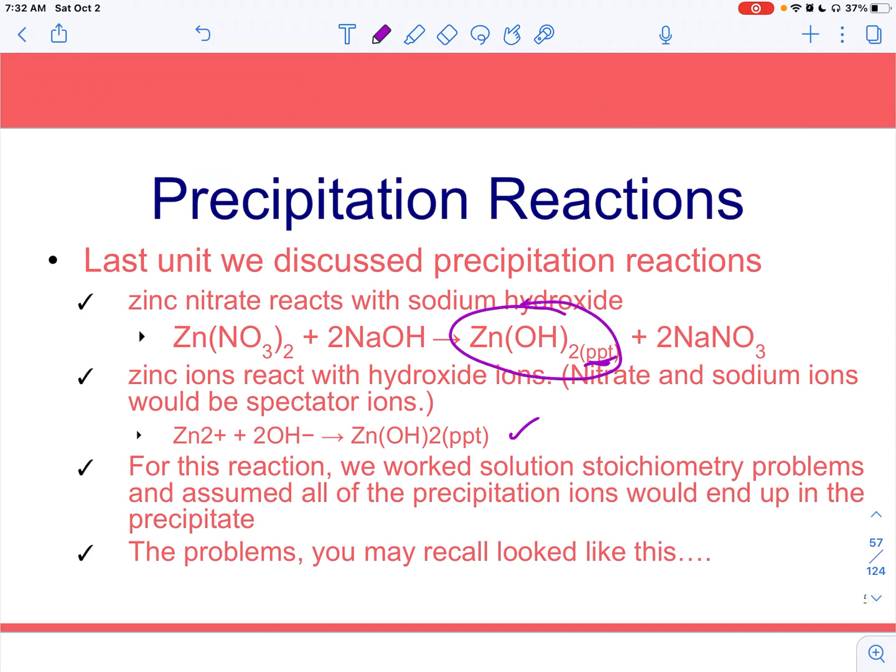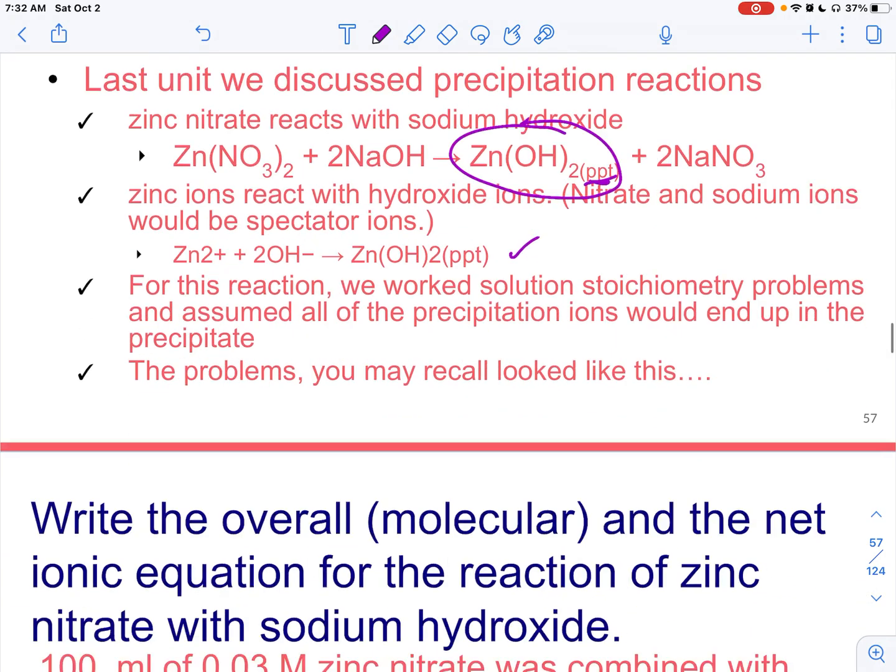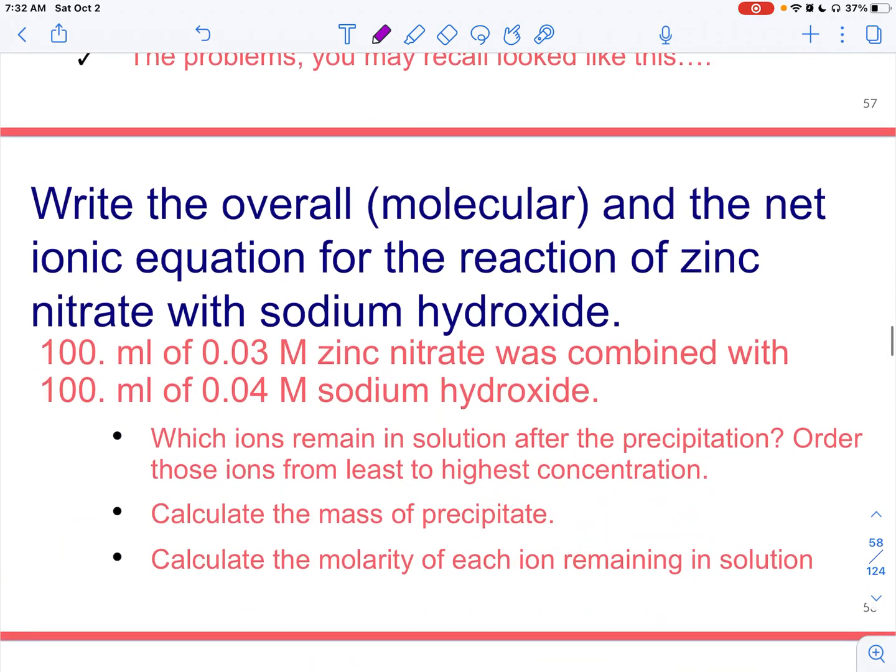I remember saying that they were negligible, that we would eventually learn how to figure out how much there was, but for those problems, we just said we'll ignore the fact that there might be some ions dissolving from the precipitate. So this is the type of problem that you would have seen on your Unit 1 test.